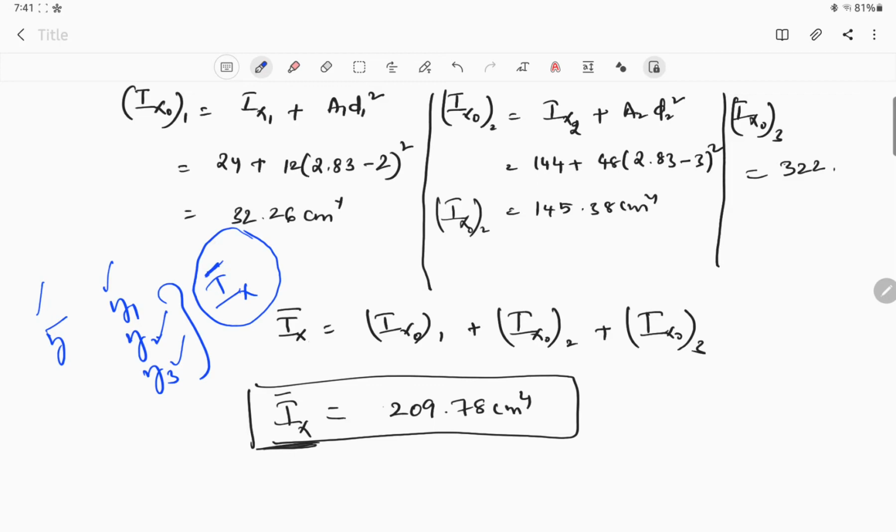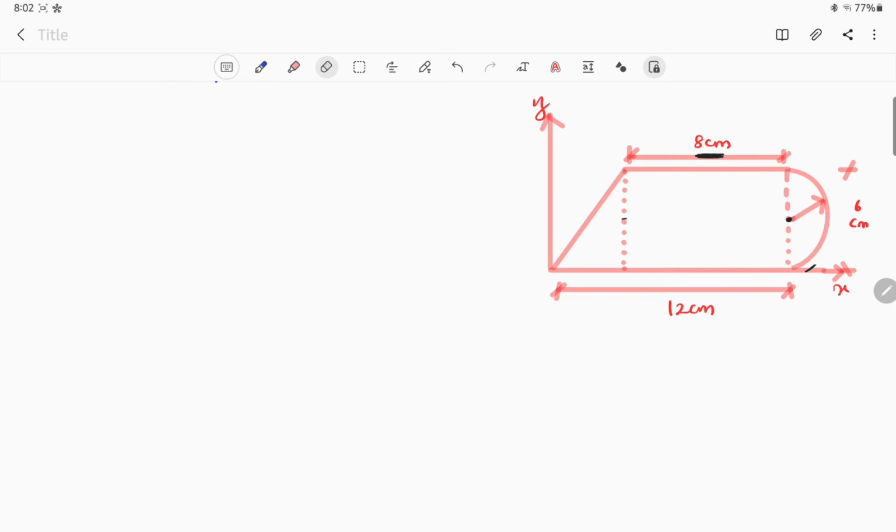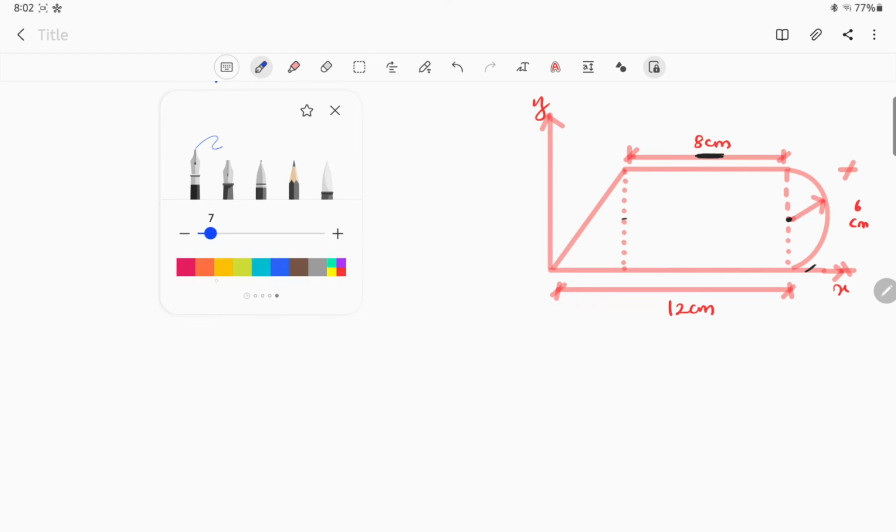To calculate with respect to y-axis, we need x bar. X bar can be calculated with the help of x1, x2 and x3. In the next step, we will calculate that one. So here in this figure, we will calculate moment of inertia about centroidal y-axis.